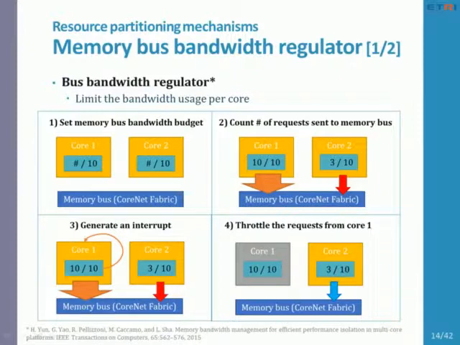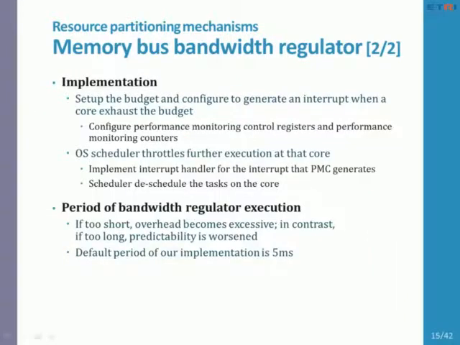If an interrupt is generated, the operating system throttles the further execution of tasks on core 1 to prevent core 1 from using the memory bus. From step 1 to step 3, we implemented this by configuring the hardware performance monitoring registers, or performance monitoring counters. And for step 4, we modified the operating system scheduler.